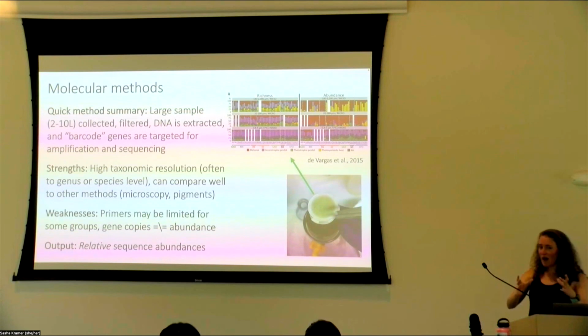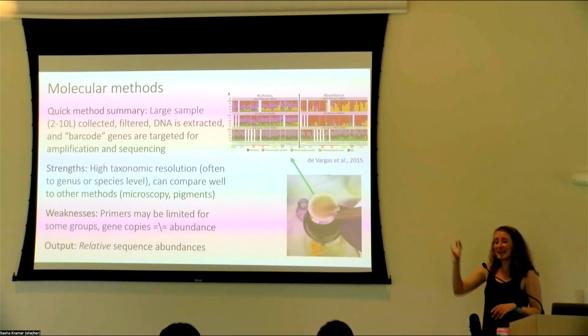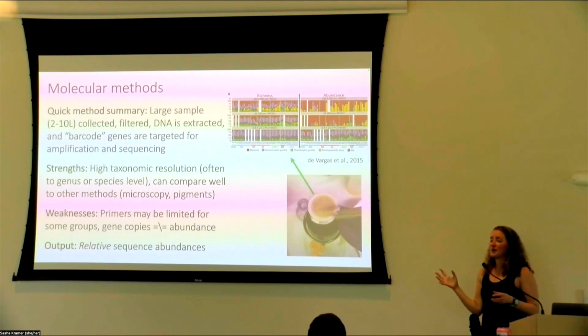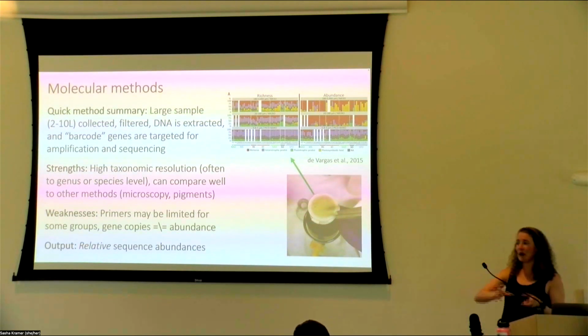We filter all that water, take our filters back to the lab, and then the next step is to extract the DNA. I'm going to talk a little bit more about this. And then take these barcode genes that we can amplify and sequence. So if you think about it, you're at the grocery store, you're doing self-checkout and you're flashing the barcode on all of your different items. Each barcode is unique.